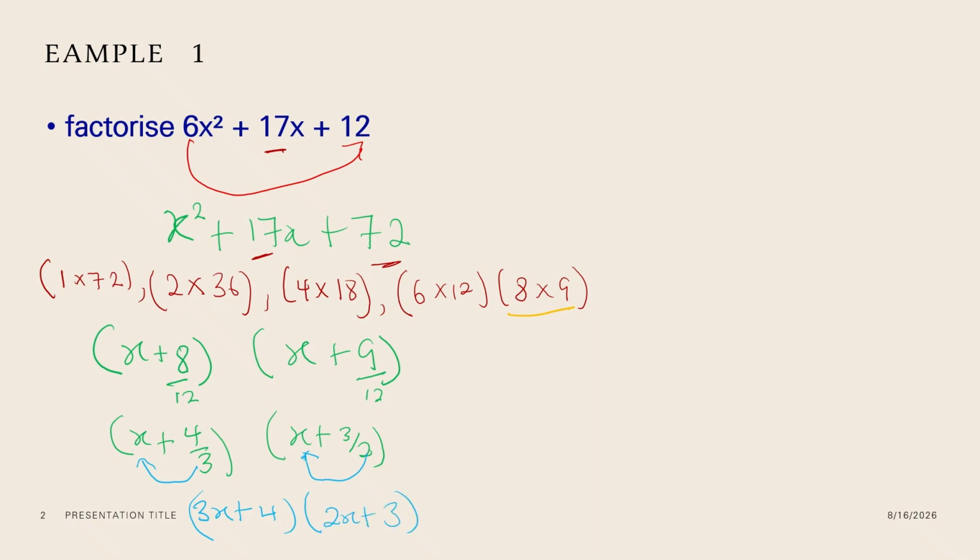So this gives us the factors of the expression 6x squared plus 17x plus 12. Let's look at the next example.